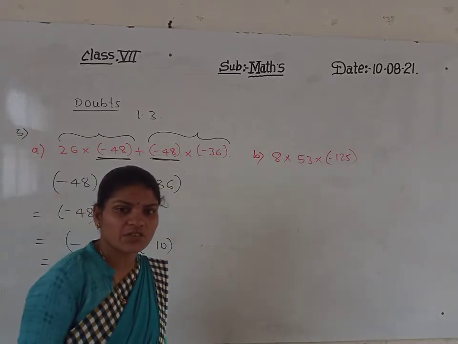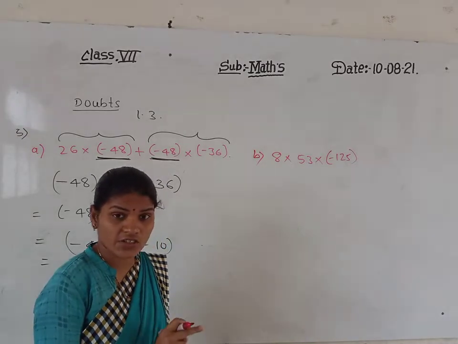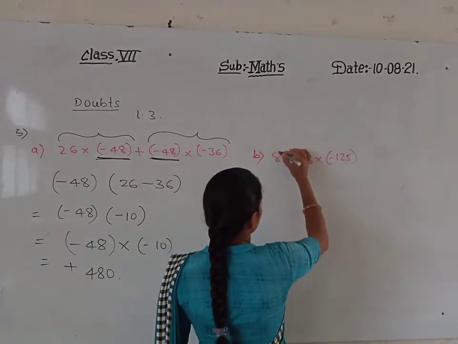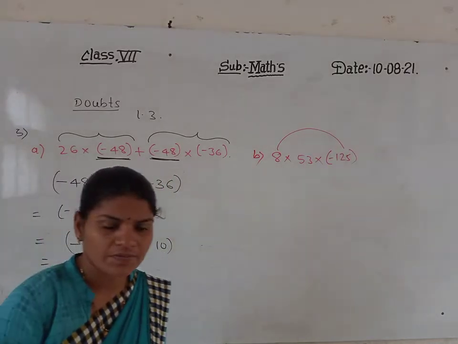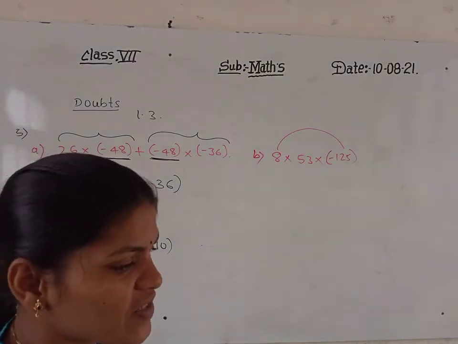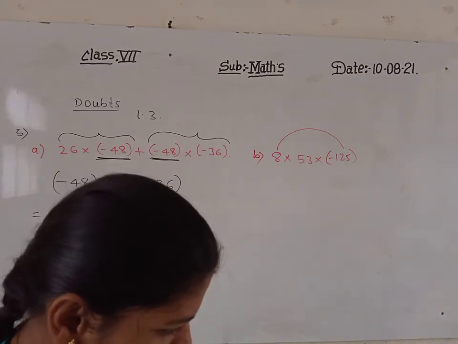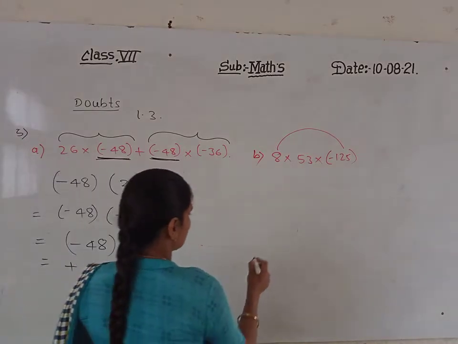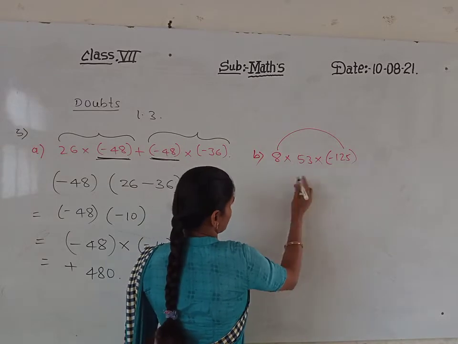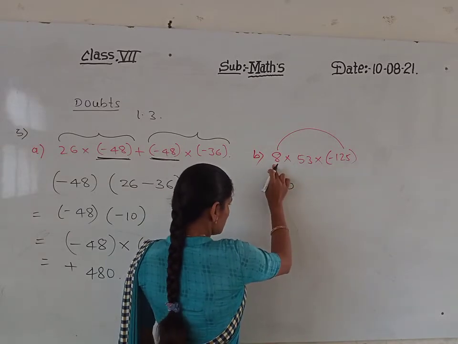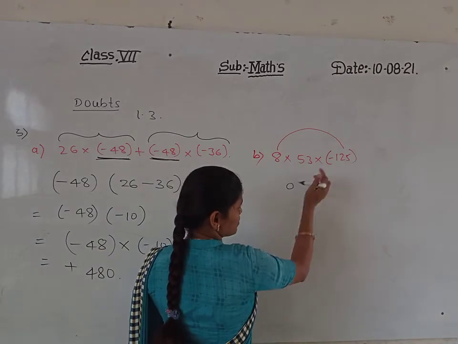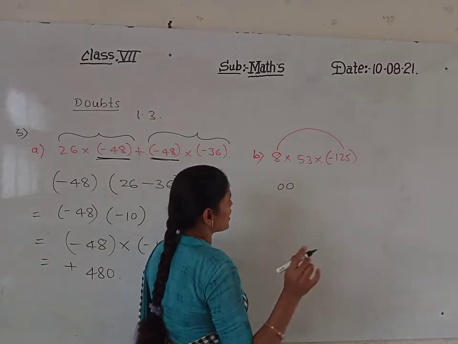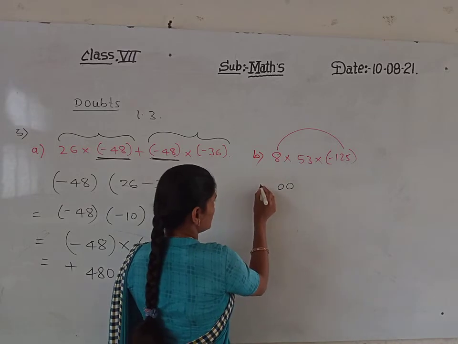Find the product by using suitable rearrangement. There also we have solved this. In the same way here, first I will multiply 125 by 8. So 125 8s are how much? 1000. How did you get it? 8 5s are 40, 4 carry. 8 2s are 16 plus 4, 20, 2 carry. 8 1s are 8 plus 2, 10.